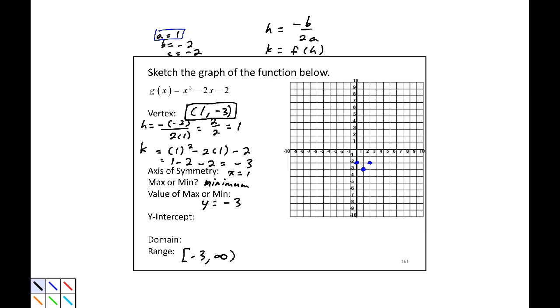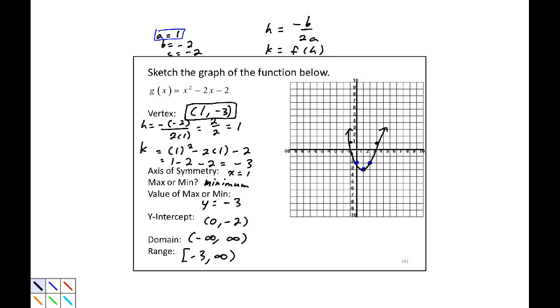Because this is still a polynomial, we can tell that in this form, the domain is minus infinity to infinity. And the last thing we need to find is our y-intercept. Let's add a couple of points on here. And we actually see the y-intercept from the points I've plotted, and that is 0, negative 2.